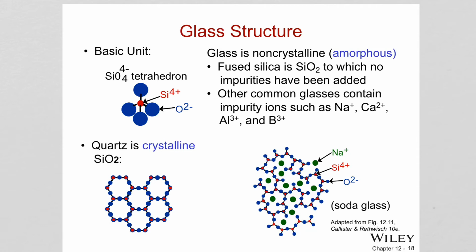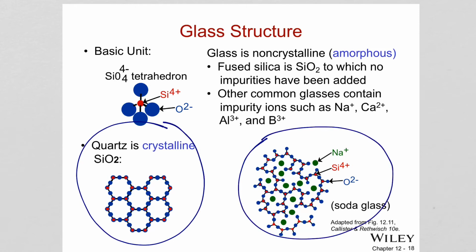It can arrange in a crystal structure forming quartz, or it can arrange in an amorphous structure, with the addition of sodium cation it can arrange into more amorphous configurations, which will form the glass. These are called glass formers, inducing an amorphous structure. And fused silica is what we call it when no impurities are added.